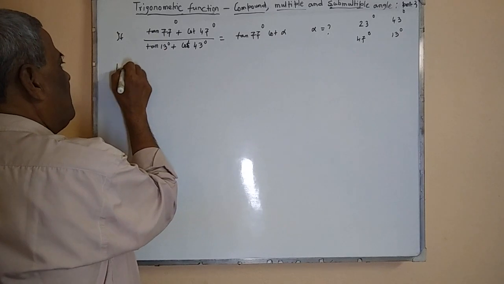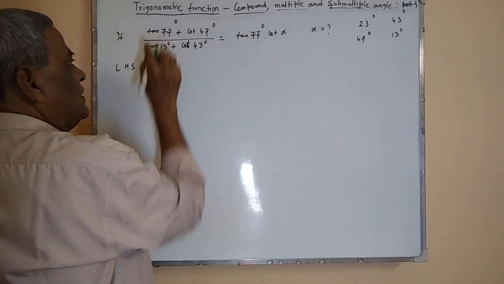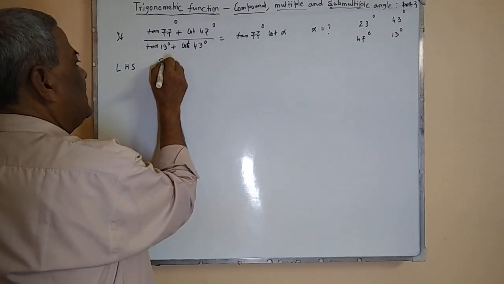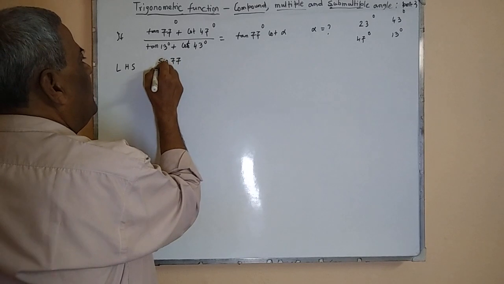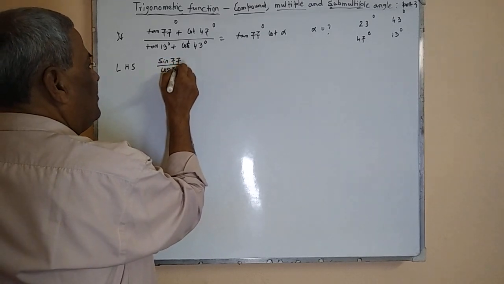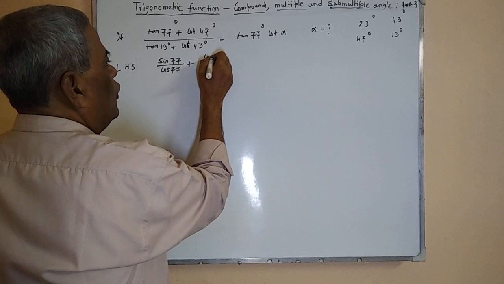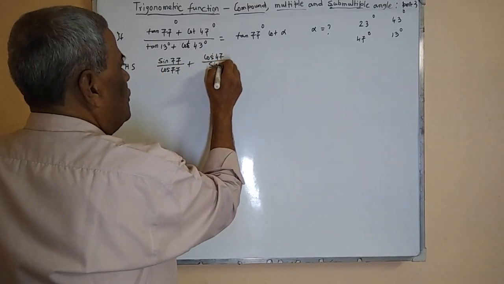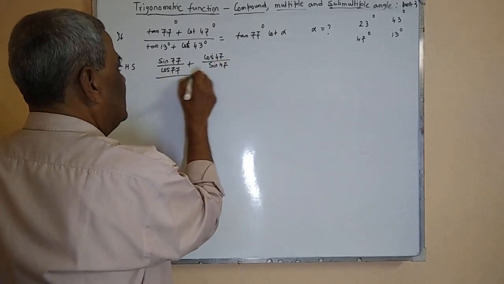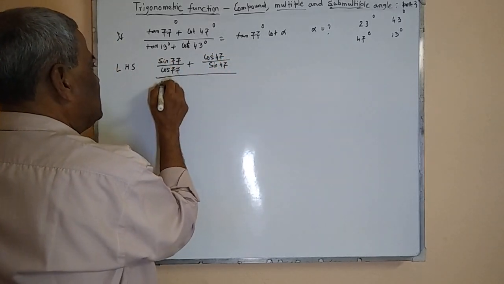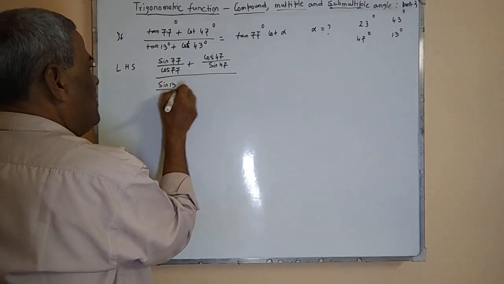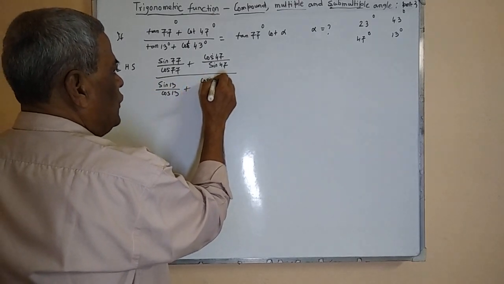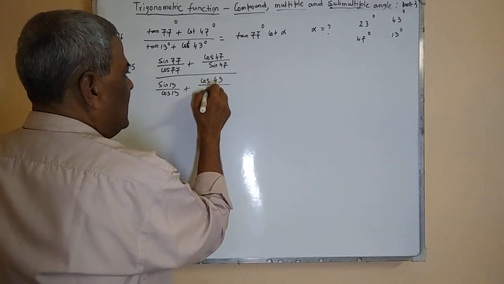Left hand side is, tan and cot we write in terms of sine and cos. Sine 77 by cos 77 plus cos 47 by sine 47, divided by sine 13 by cos 13 plus cos 43 by sine 43.